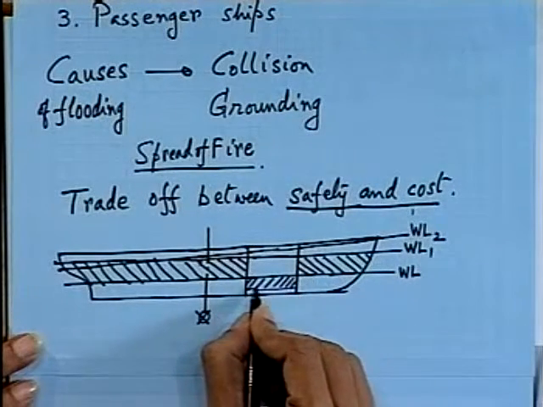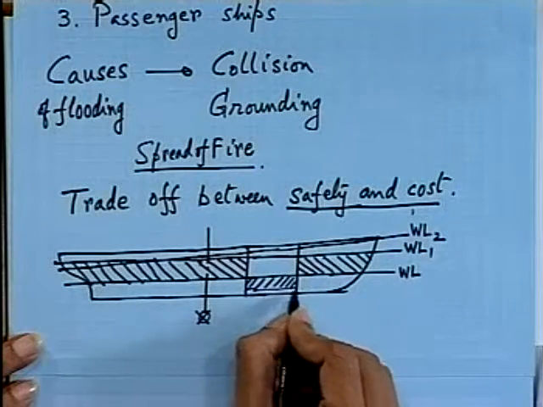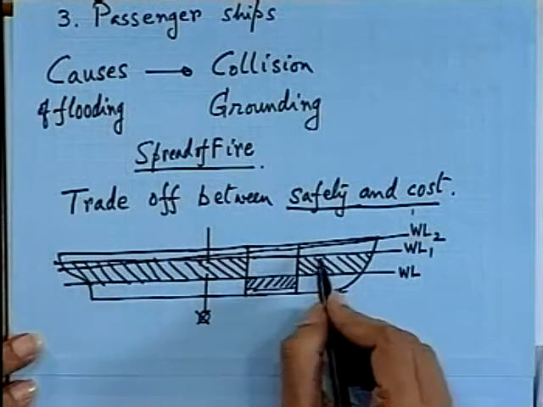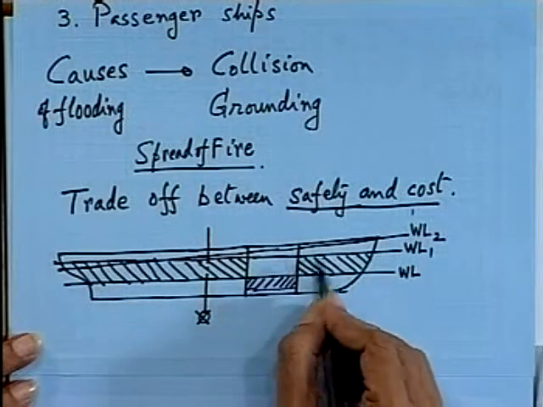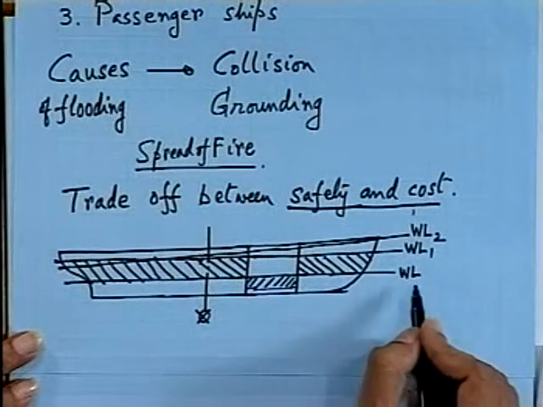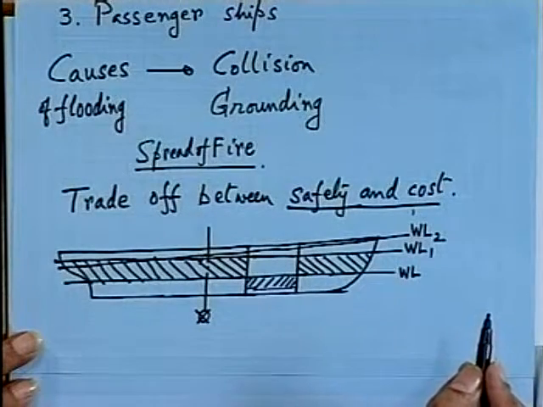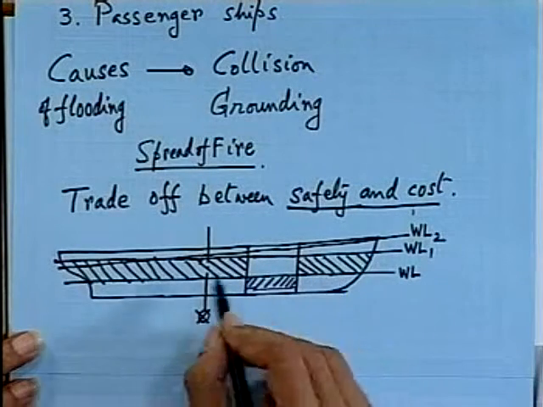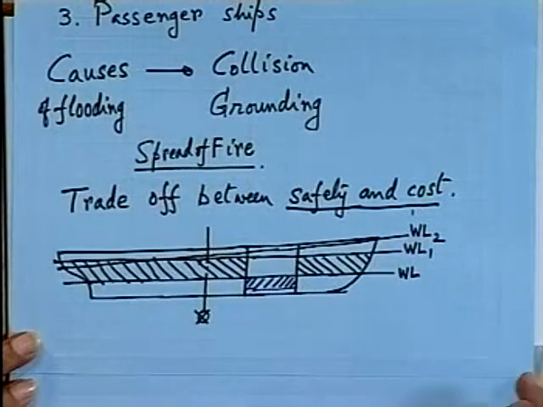This is the volume that you have lost in buoyancy, and this portion is the buoyancy gained by this layer as a result of sinking from draft WL to WL1. So buoyancy lost is equal to buoyancy gained by the sinkage.